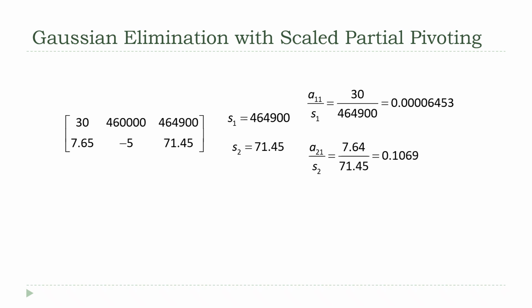So because 0.1069 is the biggest scaled number, that's the row that I actually want to pivot on. So I'm going to make the switch. I'm going to move that 7.65 row up into the pivot row position. And again, I don't want to bore you with a bunch of arithmetic calculations, but I do encourage you to walk through them on your own. And if you do, you should see that this method does result in the exact solution.